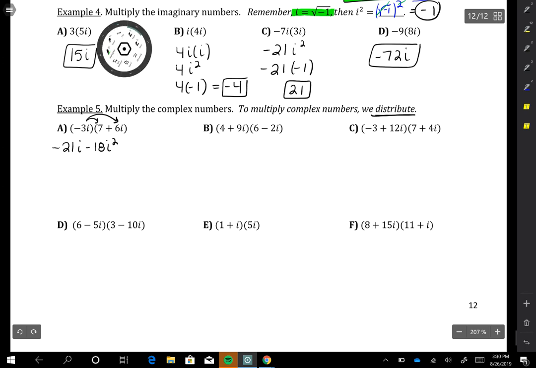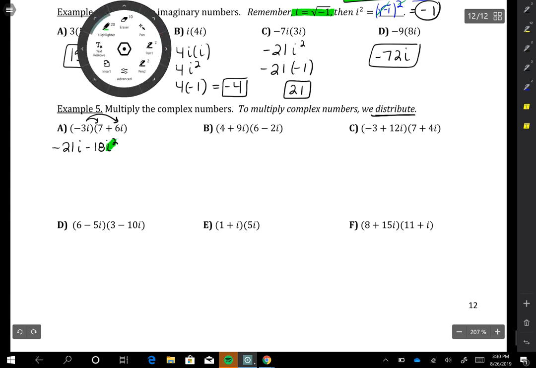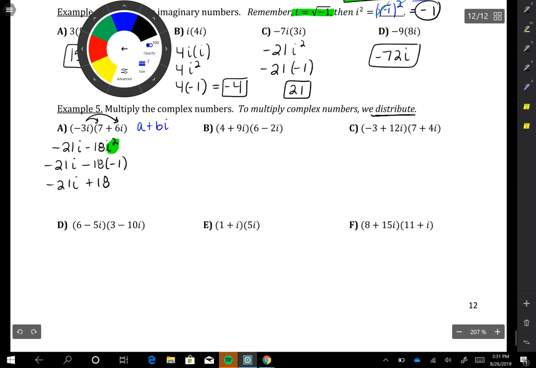Oh boy, i squared. Don't forget that i squared is -1. So this is -21i minus 18 times -1, so that's really -21i plus 18. We always want to write our answers in the a plus bi form, so write your real part first, which is 18, and then minus 21i.